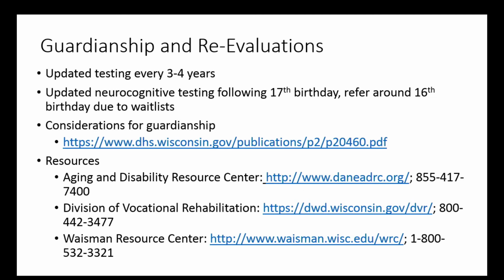I do also just want to briefly touch on guardianship and reevaluations. From a neuropsychological perspective, we would recommend doing a reevaluation every 3 to 4 years. As Dr. Ward mentioned, we can start getting pretty substantial information about learning and processing and academic skills at 8 years of age.